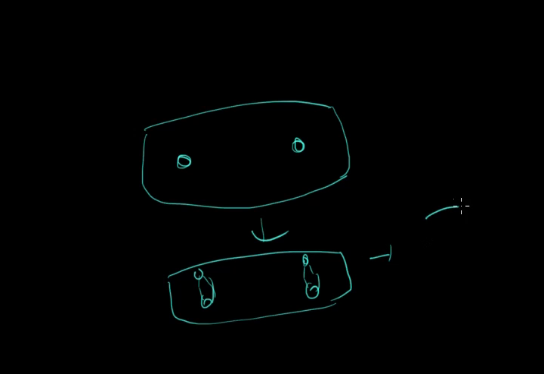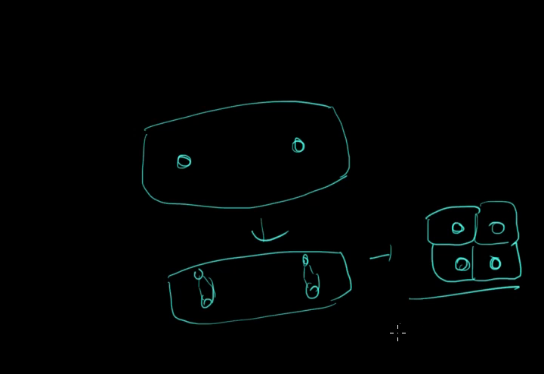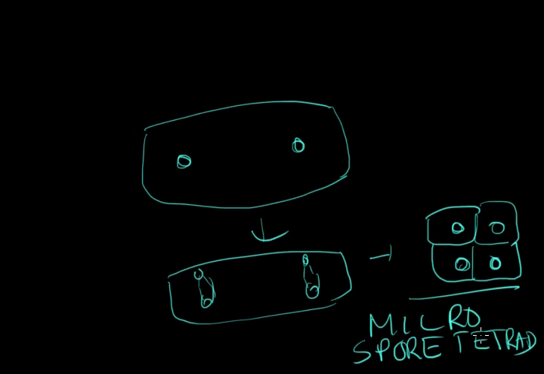Later, they form this type of structure, with four pollen grains together, and we call it a microspore tetrad, a very specific term for the male gametes.